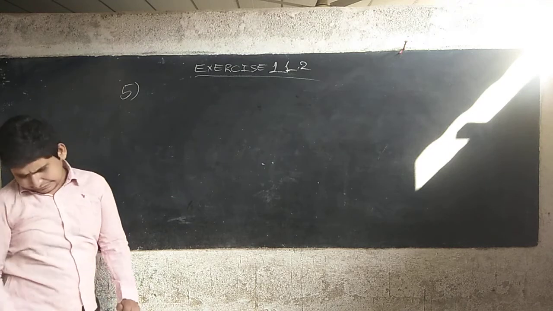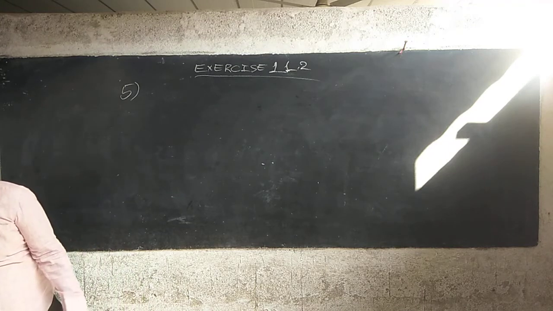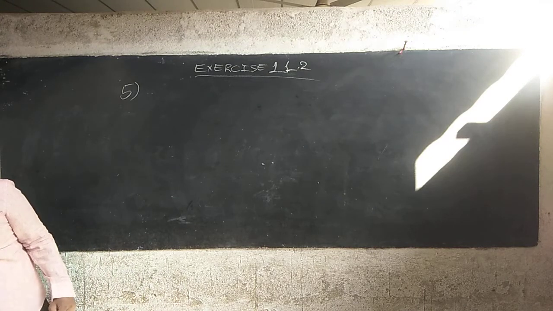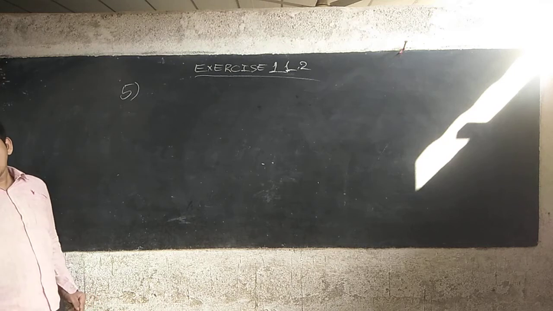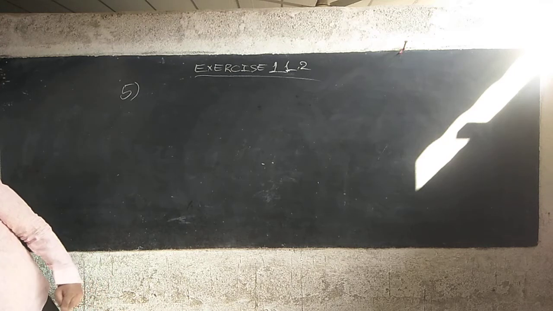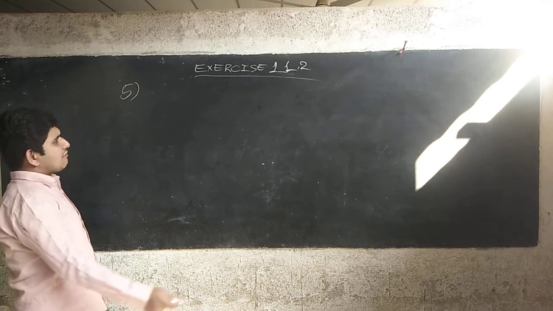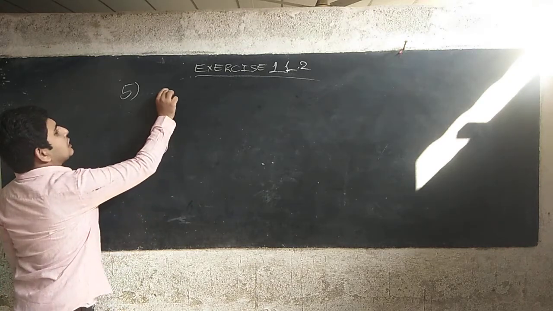Now what is the fifth problem? In a right angle triangle PQR, the right angle is at Q. So we have to draw one triangle PQR.